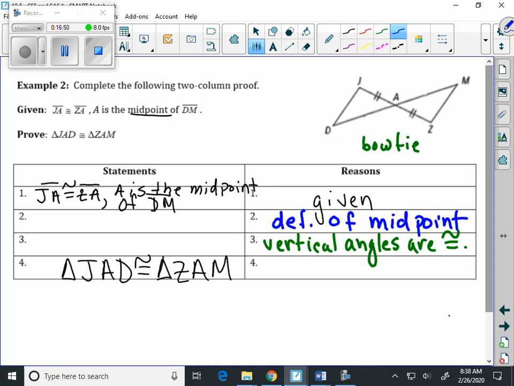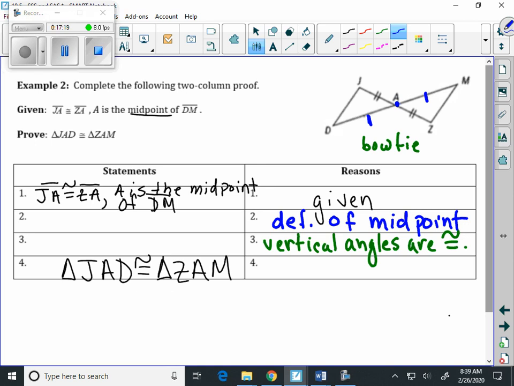Definition of midpoint. It says A is the midpoint of DM. What that means is that this point right there is going to be the middle of that and that.